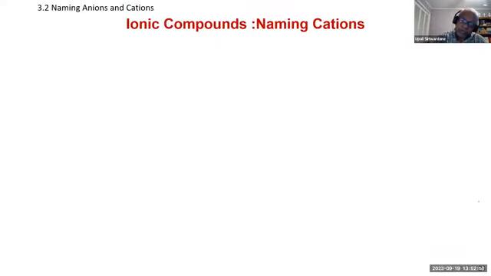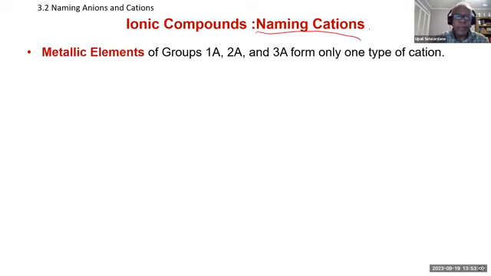Now I'm going to look into naming cations. We talked about that. We will go through this. Metallic elements are mostly found in groups 1A, 2A, and 3A.